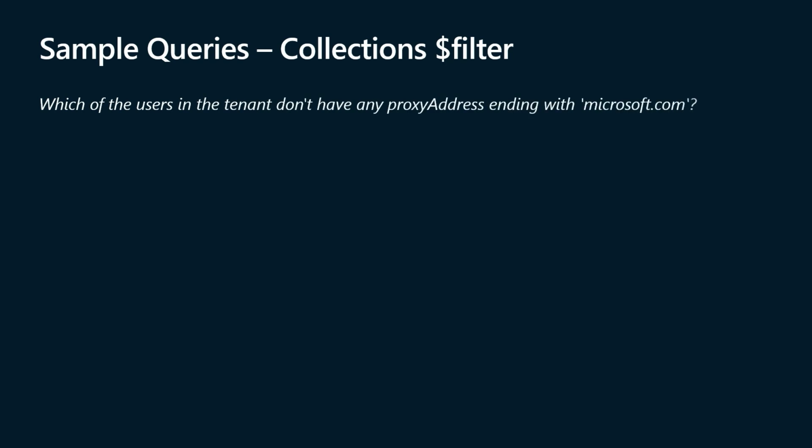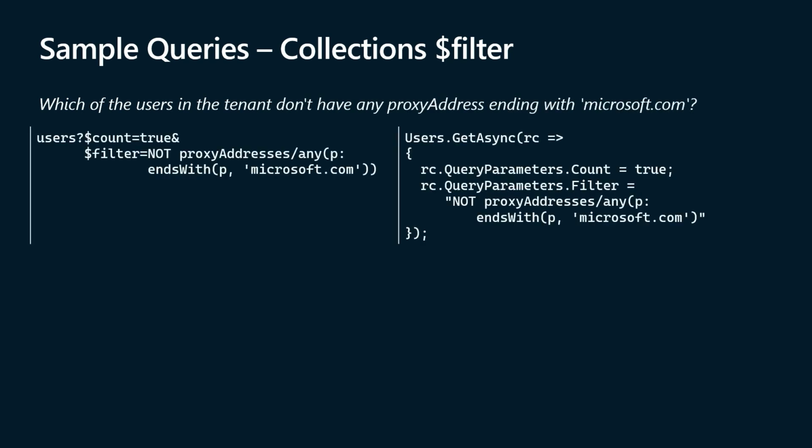To filter collections, we have two cases. One, if you want to get, for example, the users in a tenant where the proxy address, which is a collection of mail, basically, ends with Microsoft.com. In this case, you see that we use the keyword any, the operator any, and we also have support for not.